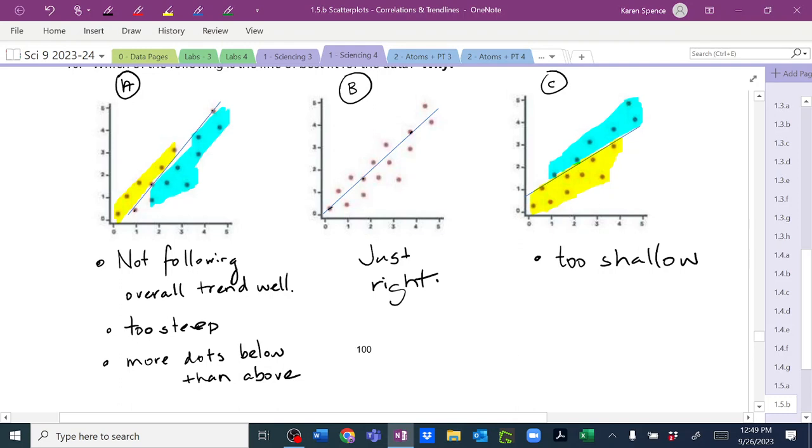See if you can remind your neighbor what the 4 roles are. Okay, what was one of the roles?